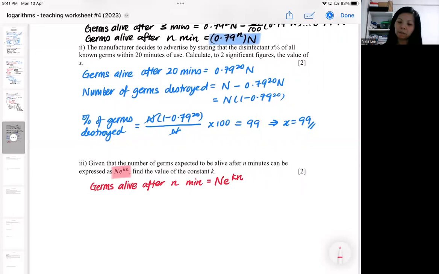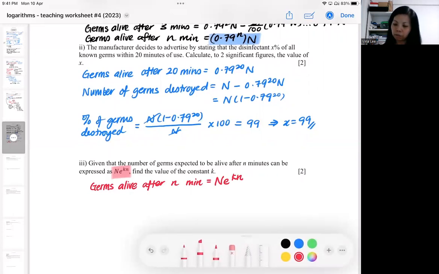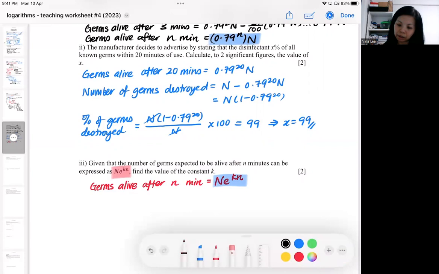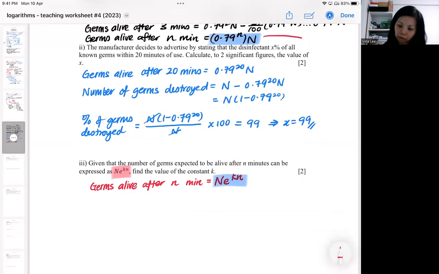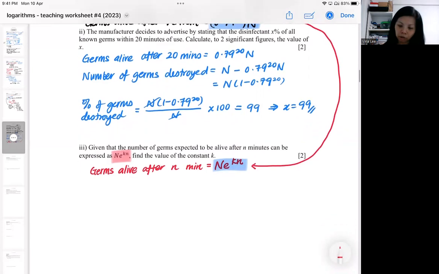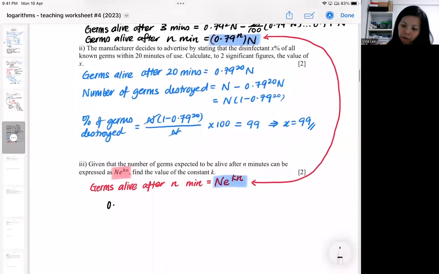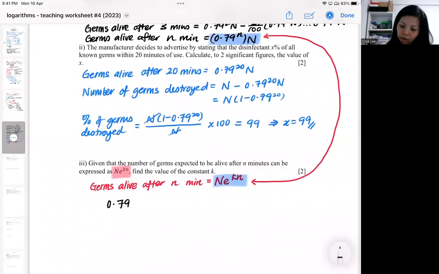This formula measures germs alive, and the previous formula also measures germs alive. So essentially, these two must be the same, since they measure the same thing. We use the idea that they should be the same, and then we can calculate the constant k.